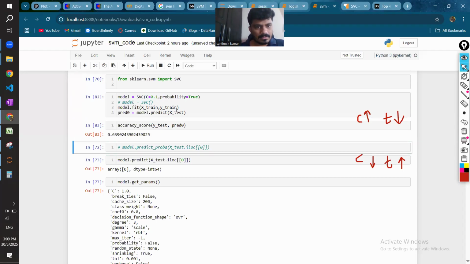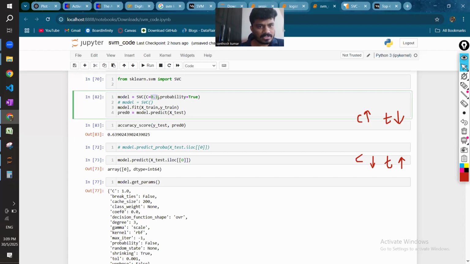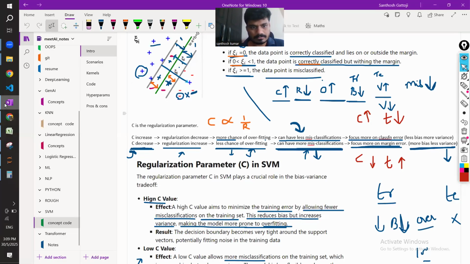So if we are decreasing the value of C, our accuracy is decreasing. That means my variance is increasing, correct.